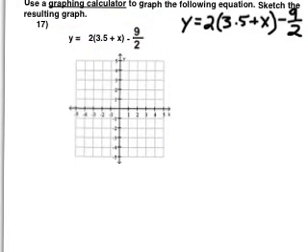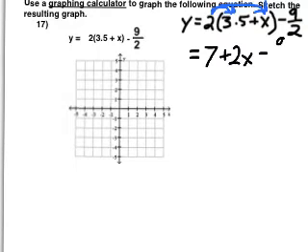Alright, to do it the long way, it's obviously easier to do it with the graphing calculator, but you can do it the long way. So we have a distribution here. 2 times 3.5 is 7, and 2 times x is 2x, and that's minus 9/2.